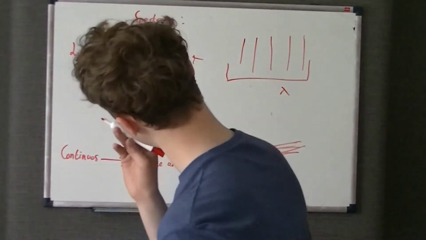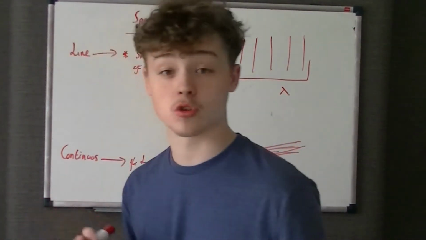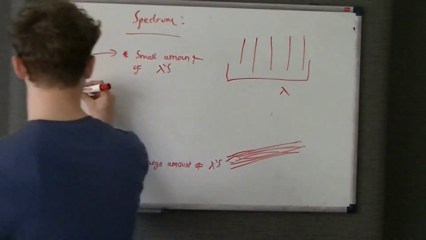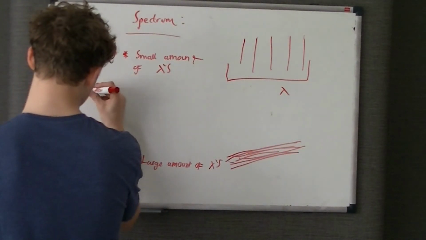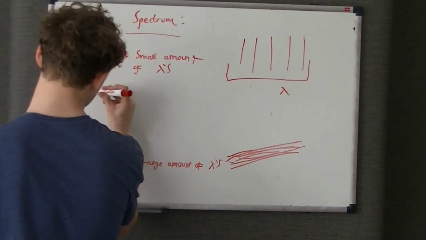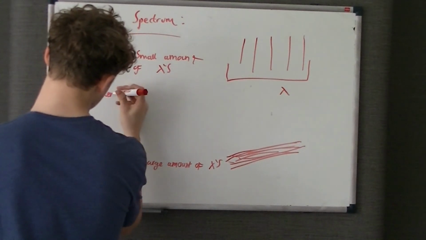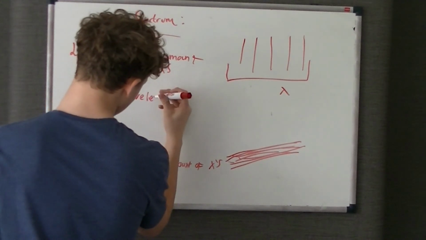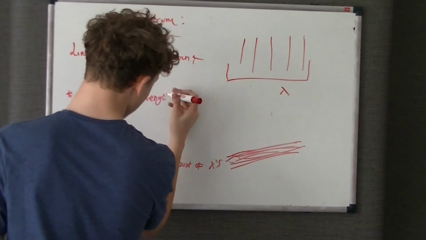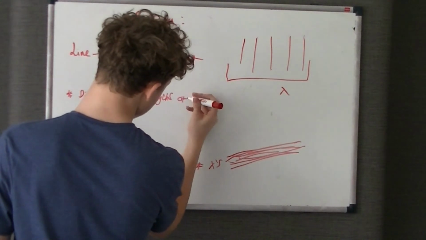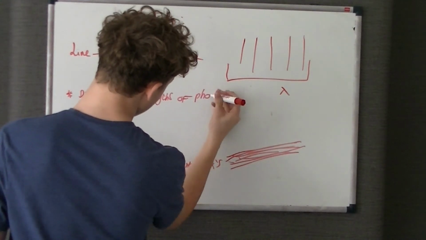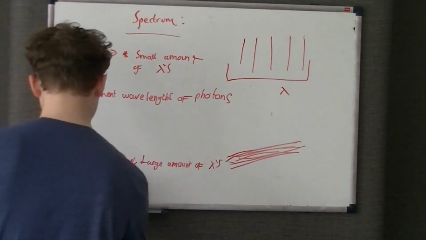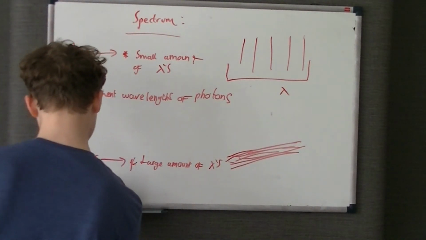What are these two caused by? Well, the line spectrum is caused by different wavelengths of photons, whereas the continuous one is caused by different energies of photons.